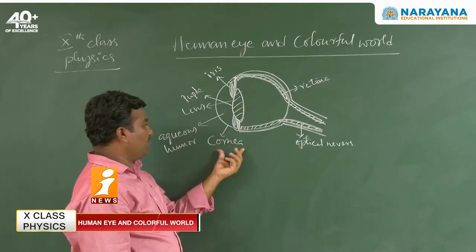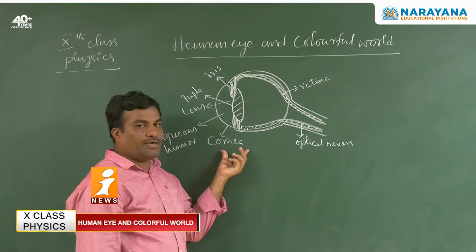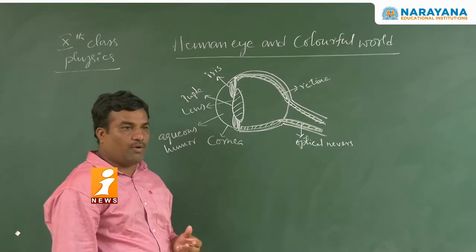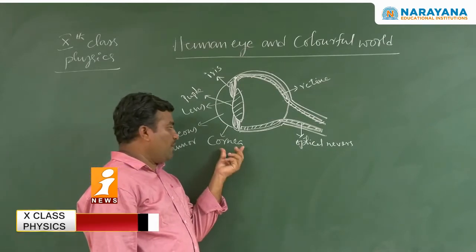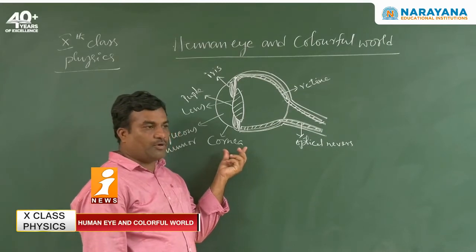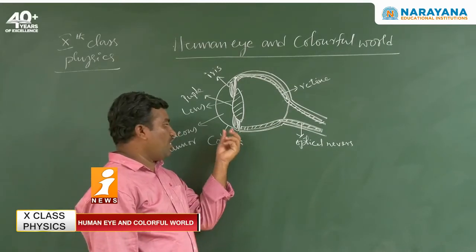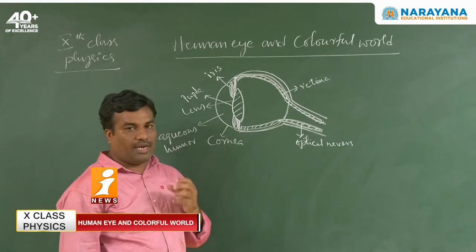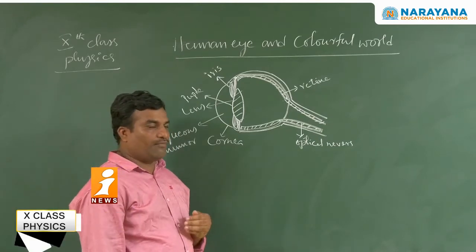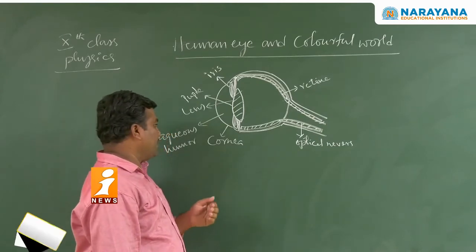First of all, the cornea. Everyone already knows the cornea. It is the very sharply curved surface and protective membrane of our eye, in the front area of the eye.